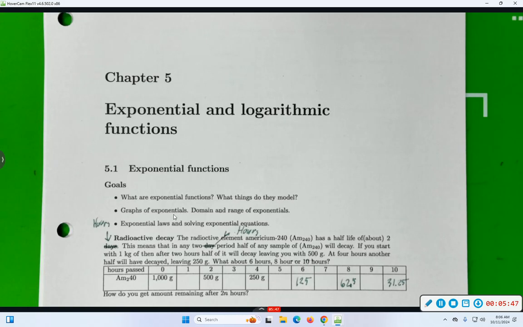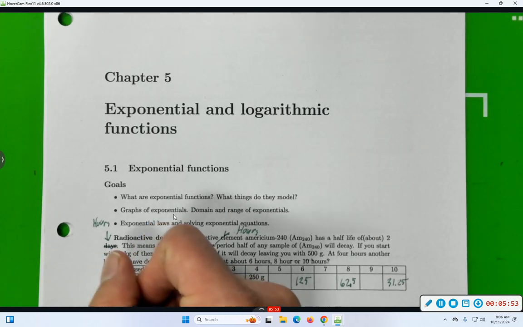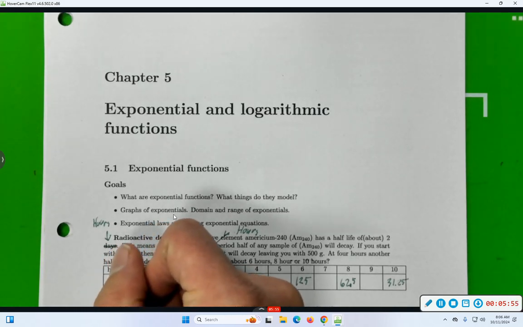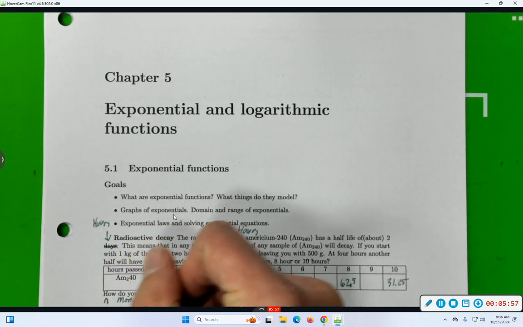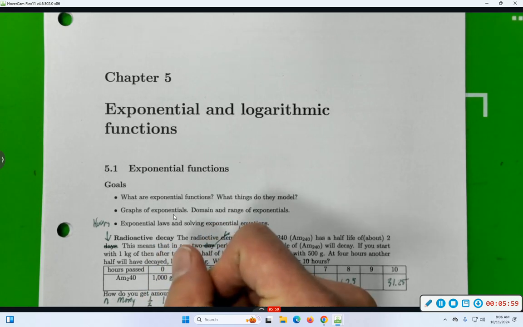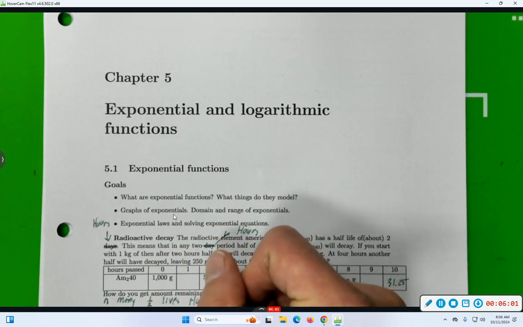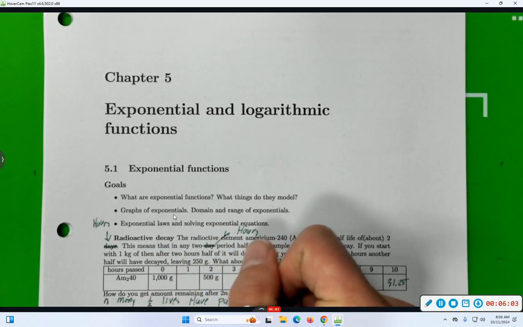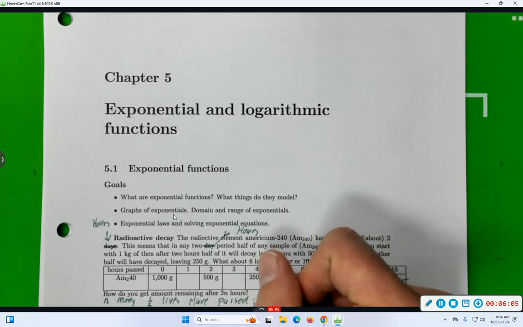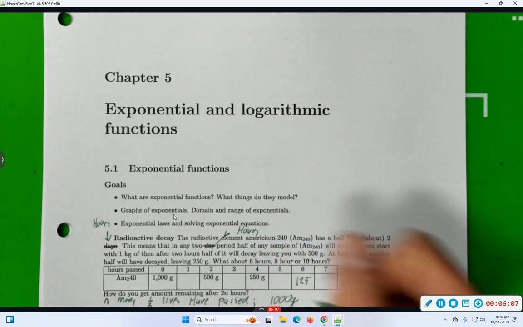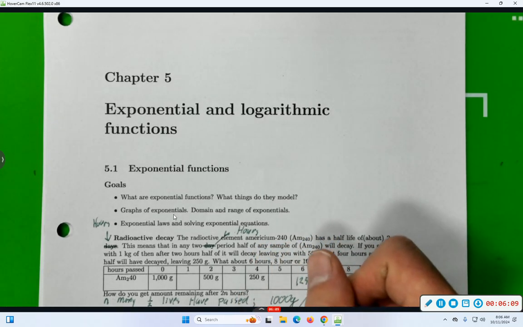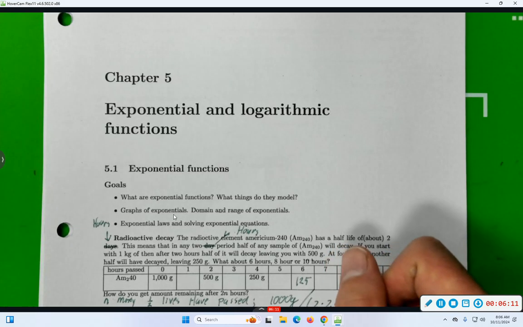So let's write that down. If you want to get the amount remaining after 2n hours, well, n many half-lives have passed. So you start with that initial quantity, and then you need to divide by 2 a bunch of times.